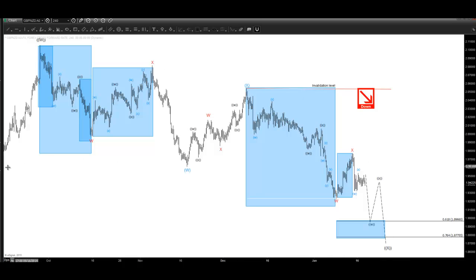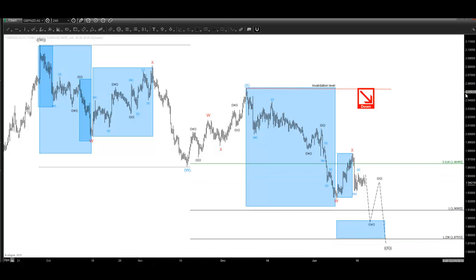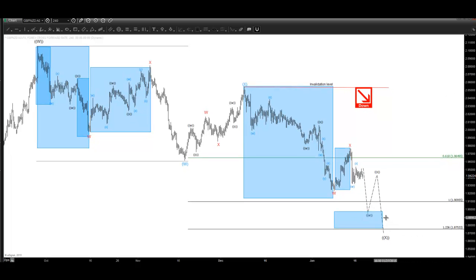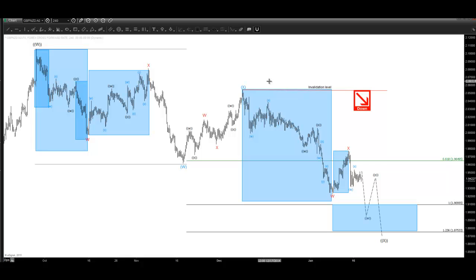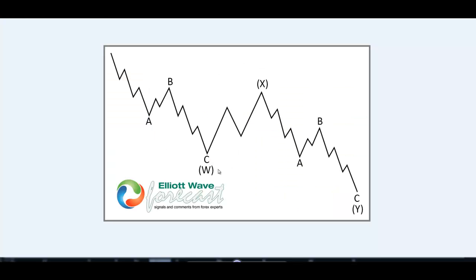If that is the case, then the pound New Zealand is going to trade lower and go to these areas over here, in which the X is going to equal over here, the Y is going to equal the W related to the X, and also the W in blue is going to equal the Y in blue related to the X. That's a WXY in the real market, a structure like the one that we're showing here, perfectly seen in the real market.